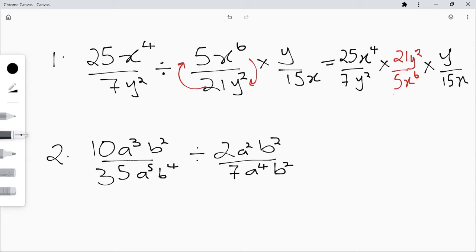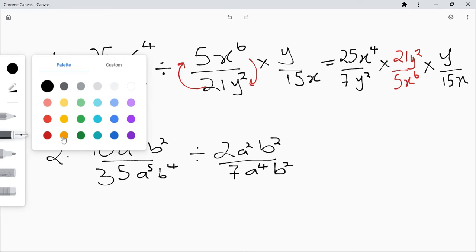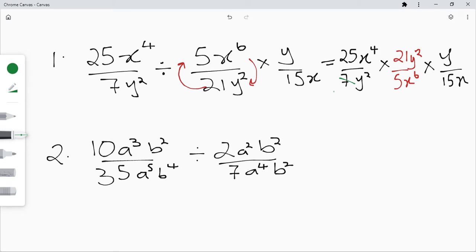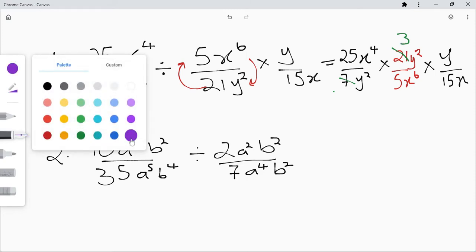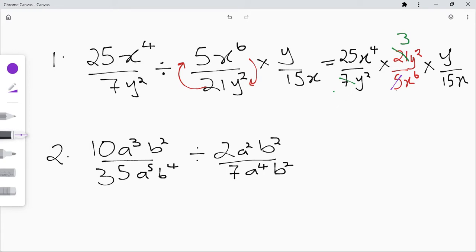So now we can simplify this. 7 can go into 21 three times, so we cancel out our 7 and remain with 3 here. 5 can go into 25 five times, so we have our 5 here. And again, 5 can go into 15 three times, so we have our 3 here.